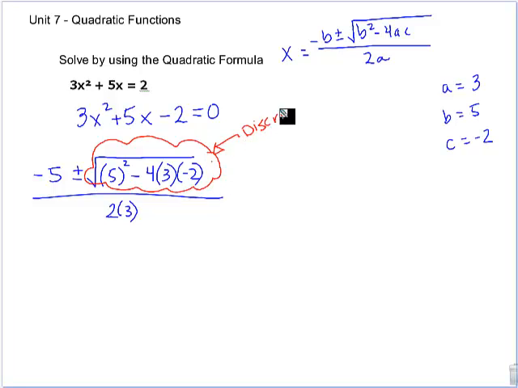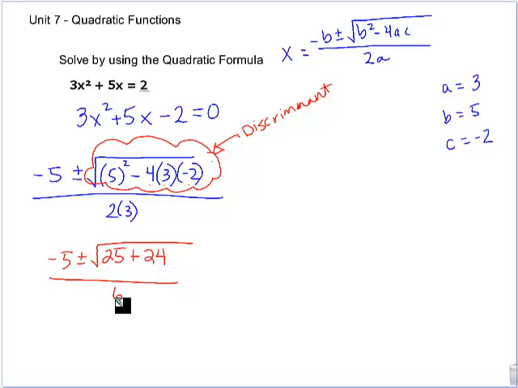Your discriminant, recall, is the value inside of the square root. So we're going to simplify that down. So 5 squared is 25 minus 4 times 3 is 12, times negative 2 is a negative 24, so that changes to a plus 24, all over 2 times 3, which we can simplify as 6.